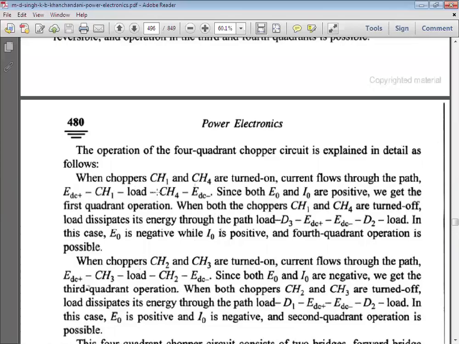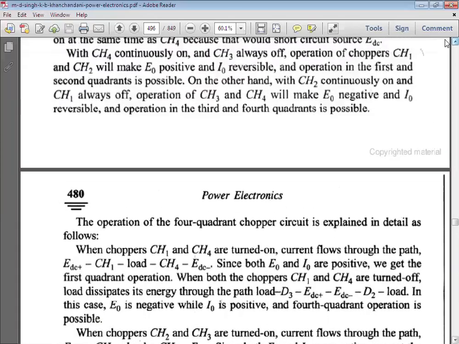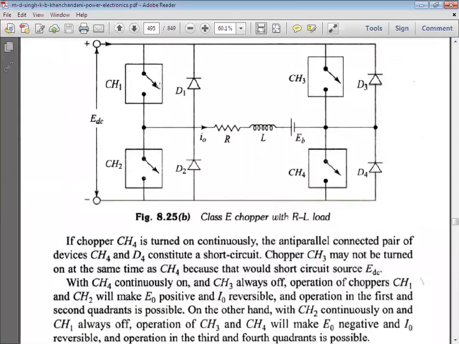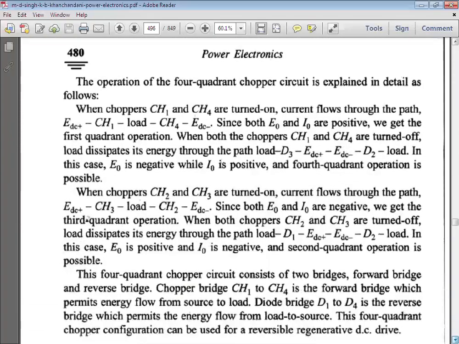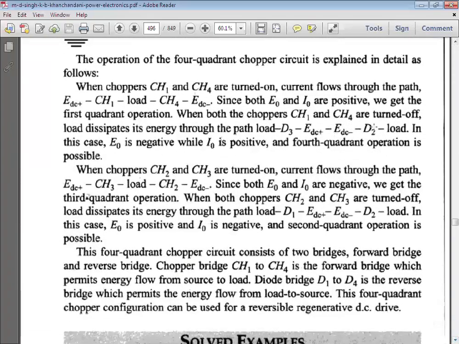Chopper 1 and chopper 4 are turned on at the same time, and chopper 2 and chopper 3 are turned on at the same time. When chopper 1 and chopper 4 are turned on simultaneously, current flows through the path EDC, chopper 1, load, chopper 4, EDC. Since both E naught and I naught are positive, we get the first quadrant operation.